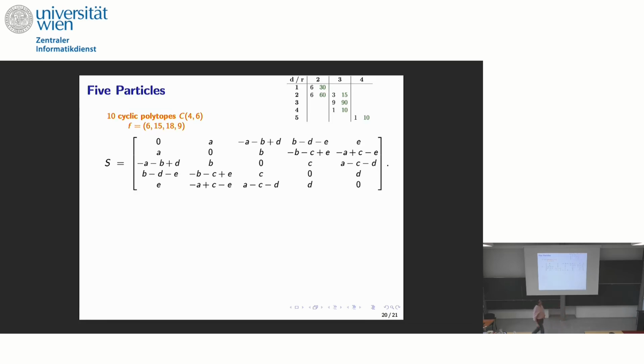So let's get there. Okay, so for 5 particles, there are 5 degrees of freedom, right? Then our ambient space, so if n is 5, we go n times n minus 3 divided by 2, that's 5. So now it's the same thing. There are parameters A, B, C, D, E, and I wrote down the general matrix.